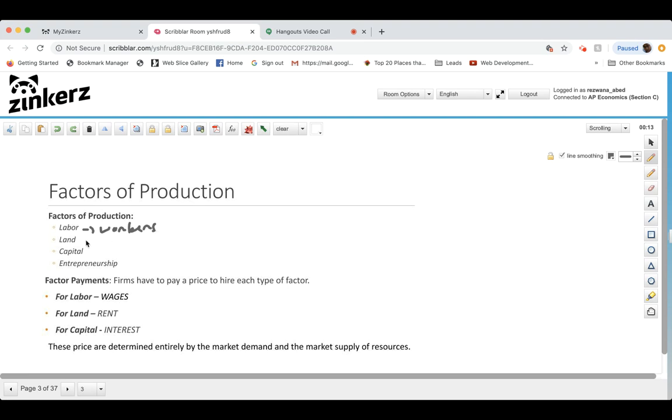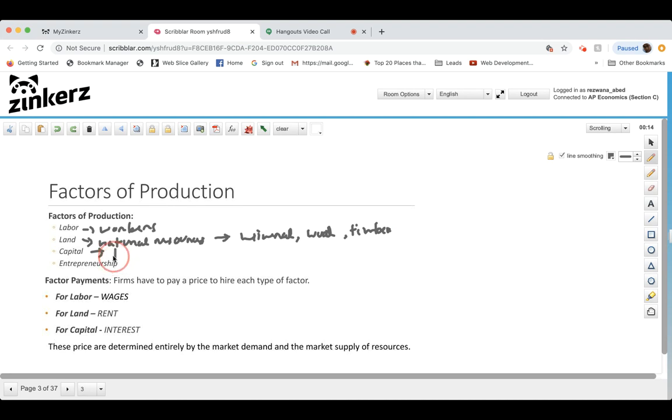Land would be anything like natural resources: water, minerals, wood, timber, any natural resource that we can use to make goods and services.